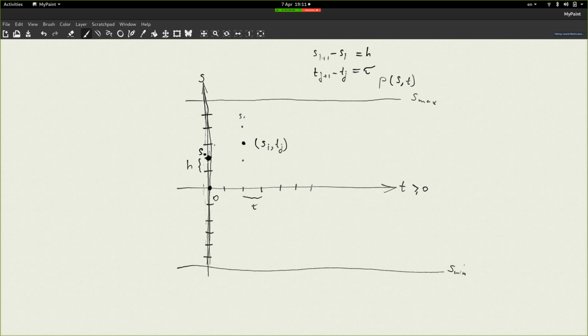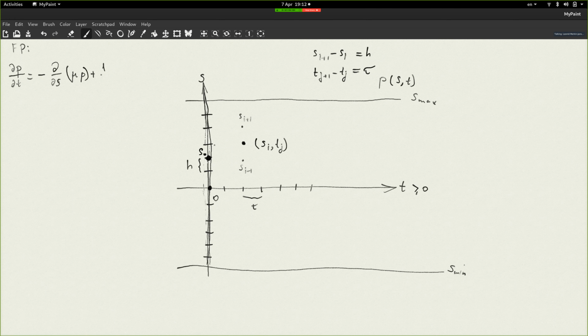And remember that we have to solve the Fokker-Planck partial differential equation, which in this case I can write in the following way: dp/dt equals minus d/ds of mu p, plus 1/2 second derivative with respect to s of sigma squared times p.